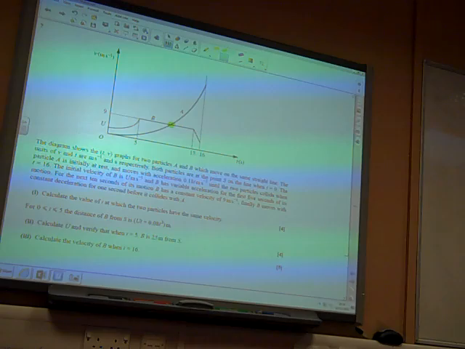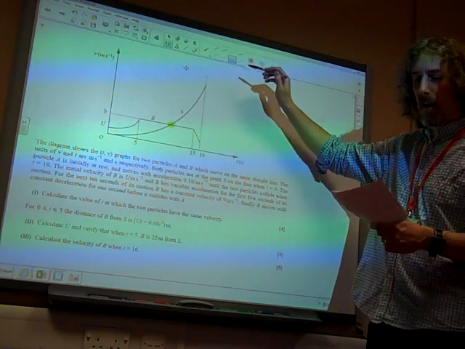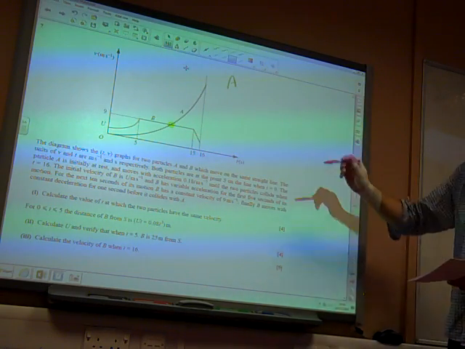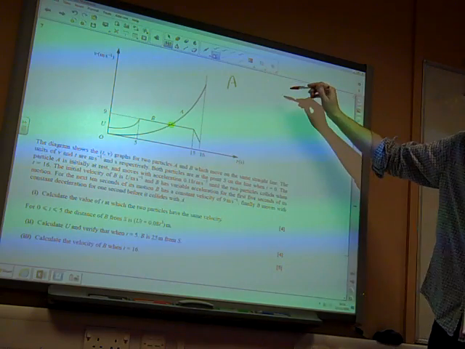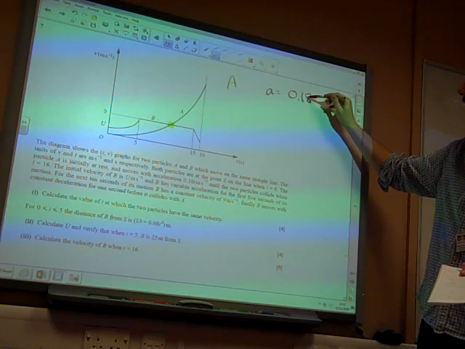Right, well, let's see what we can work out with this. What do we know, what we've been told? If we think about particle A, A has an acceleration of 0.18 t.